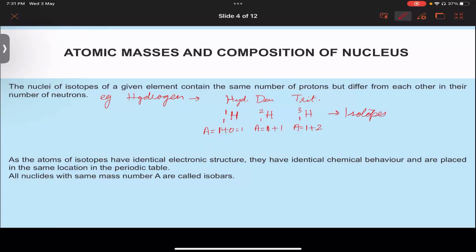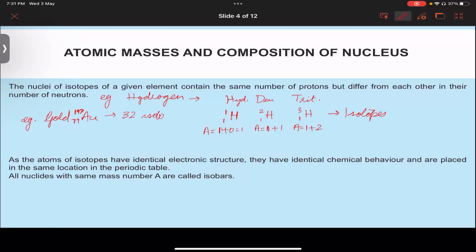Now we saw gold, Au, with 197 and 79. This is one of the isotopes of gold, and actually gold has 32 isotopes.